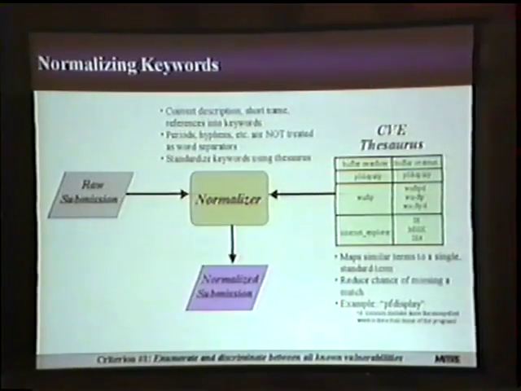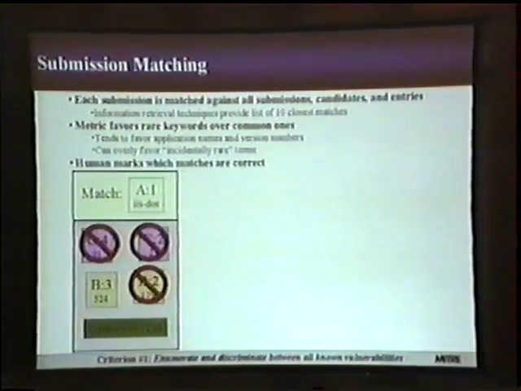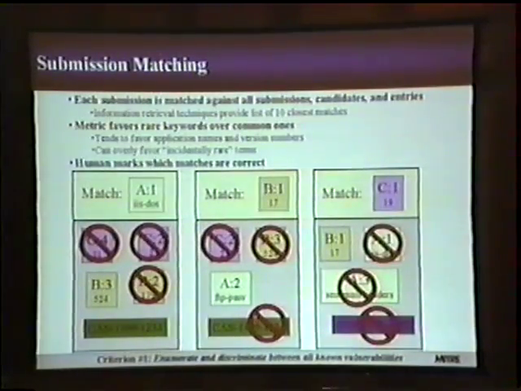Once we've done that, we have our normalized submission that has these standard keywords. We then perform what's called submission matching. Each submission that we're dealing with, we match against the space of all other submissions, the other CVE candidates and entries, other CVE items themselves, and we do some basic information retrieval stuff, weighted sums that basically favors keywords that are more rare.